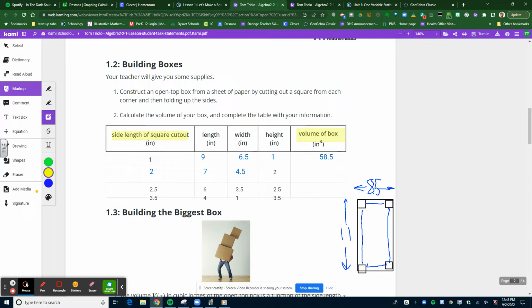And the volume of the box is what you get after you multiply your length, width, and height. Okay, so remember, volume one more time. V equals length times width times height. Okay. So after you've calculated those, I want you to go into Desmos, graph the points, and then we'll talk in a minute.